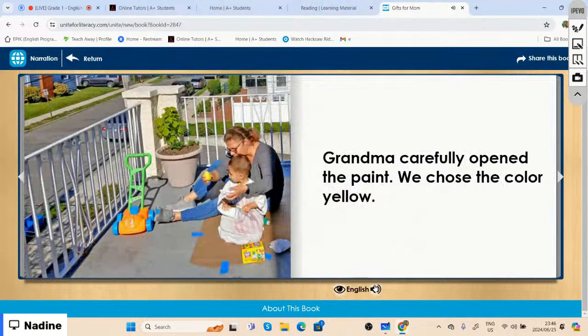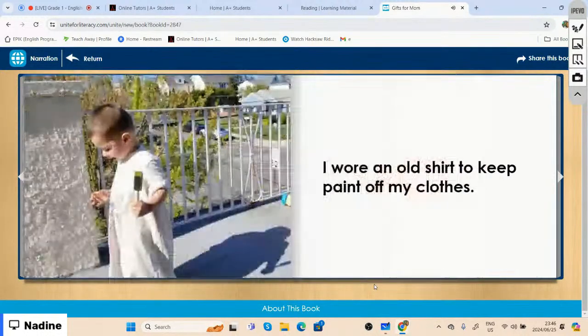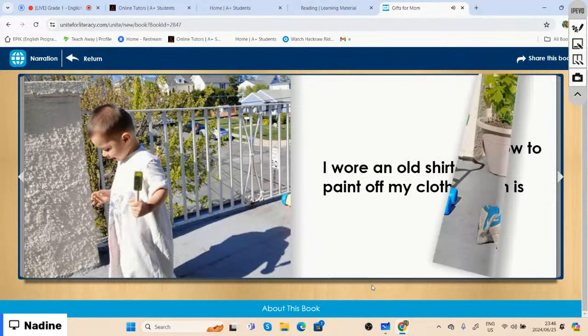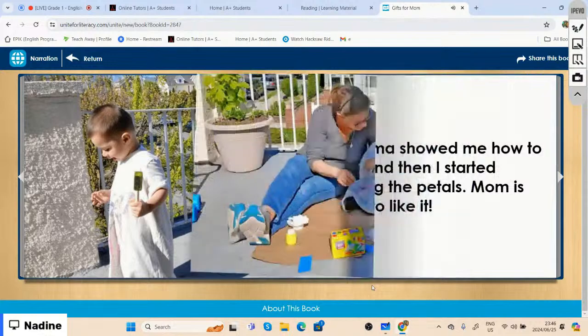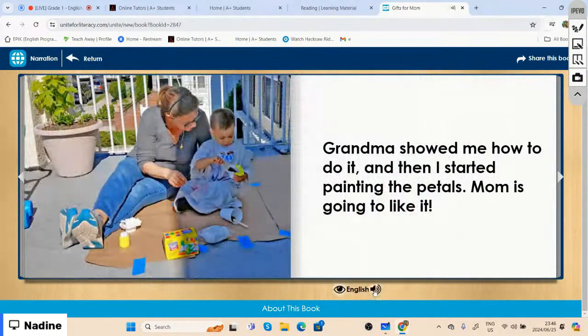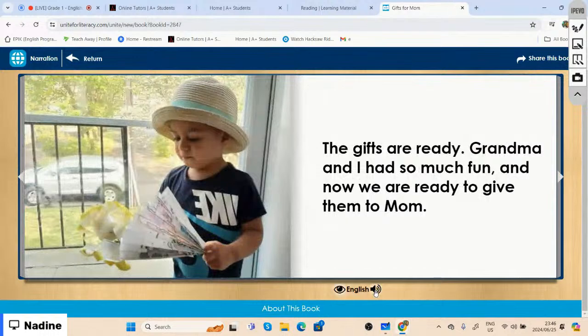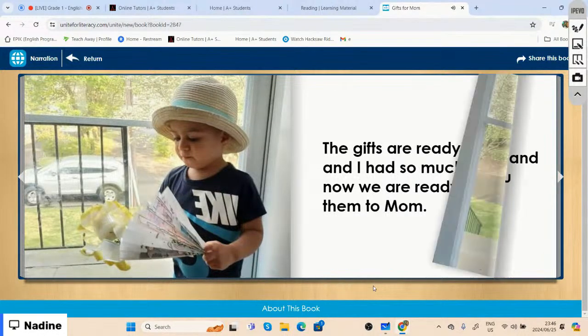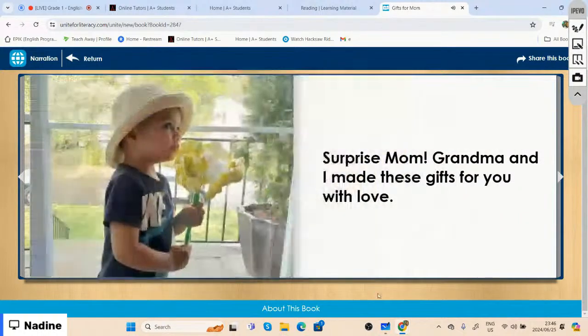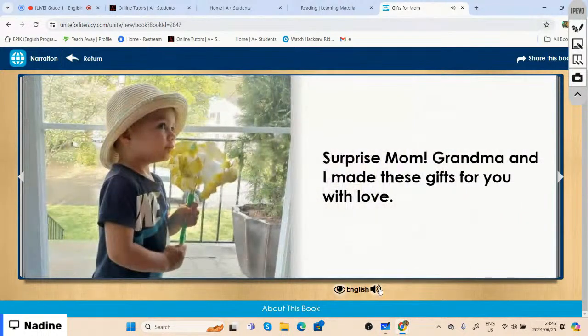We chose the color yellow. I wore an old shirt to keep paint off my clothes. Grandma showed me how to do it, and then I started painting the petals. Mom is going to like it. The gifts are ready. Grandma and I had so much fun, and now we are ready to give them to Mom. Surprise, Mom! Grandma and I made these gifts for you with love.